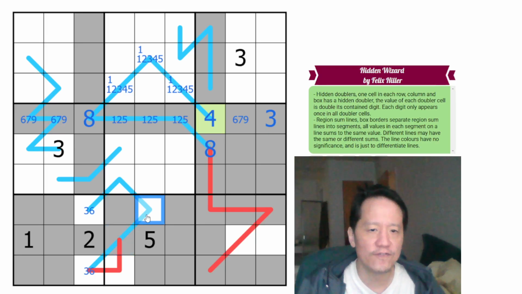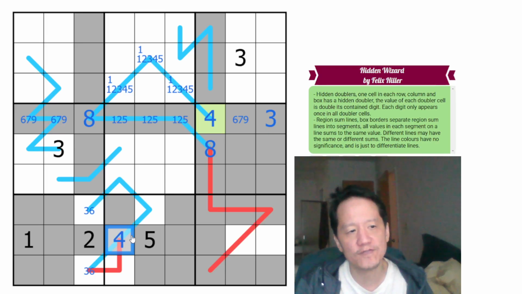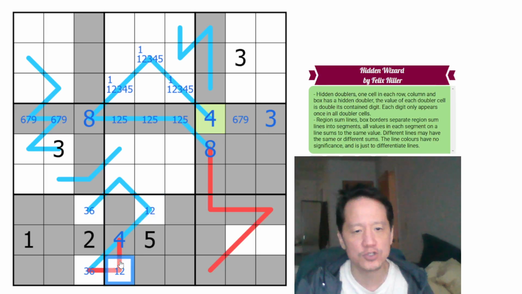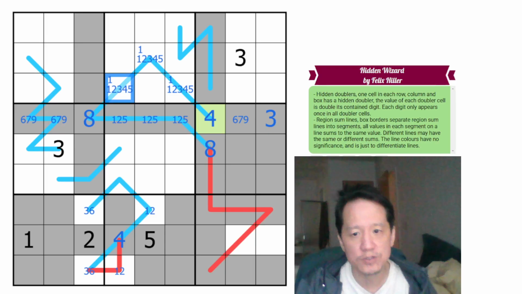And if you took the 4 being doubled, the problem is it would require 2, but that would have to add up with 6. So therefore, this cannot be 1 or 2. It has to be 4 here. And one of these is 1, and the other one of these is a 2 undoubled, and the other one is a 1 that's doubled. So this can't be 4.